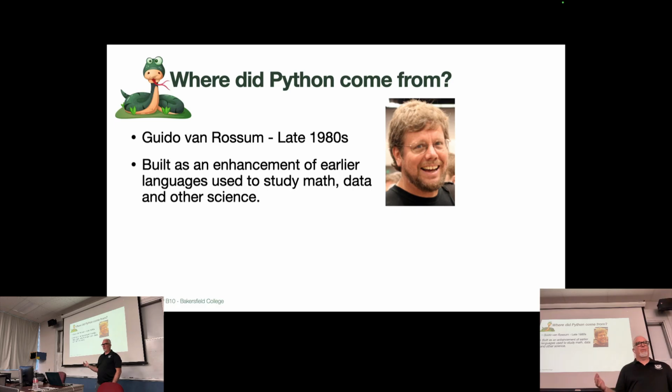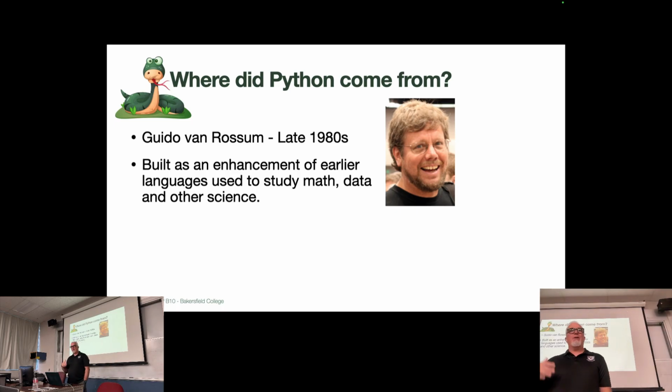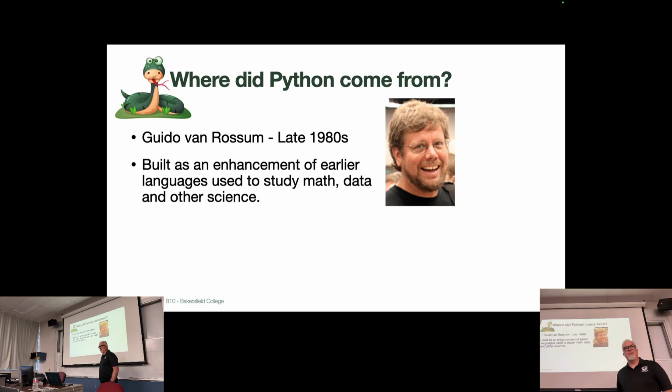They weren't professional programmers just sitting around and dreaming about how to make the best programming language. It was scientists and researchers who just needed a tool to use in their research. So this guy's not really a computer scientist. He's just a regular old scientist, but he needed a programming language that didn't exist. And so what do you do if you're a genius scientist who needs something? You sort of build it yourself.